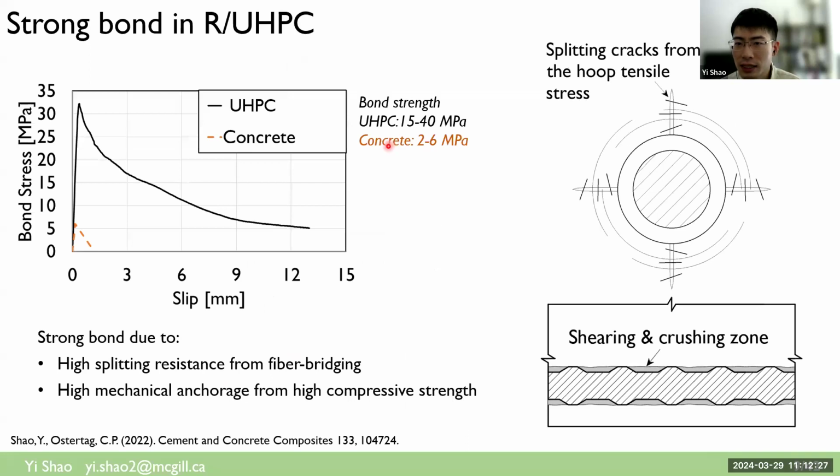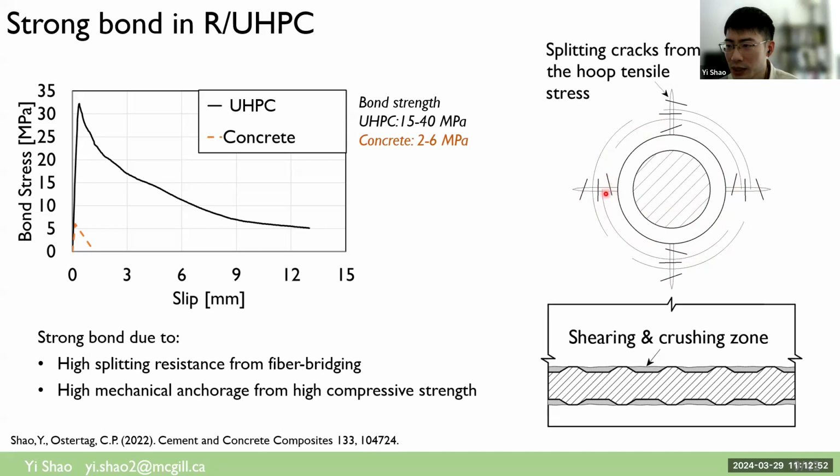So first, let's look at the bond failure mechanism of cementitious matrix systems. If we are pulling a rebar out of concrete, then we know that hoop tensile stress will form around the steel rebar, and then it will form splitting cracks along the steel rebar.